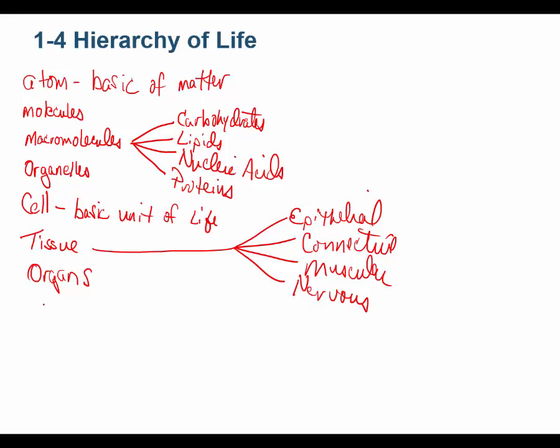All right, now you take 2 or more organs and put them together, and they all have a common function, and you get an organ system. And this is how our book is broken down into organ systems. And the organ systems are, there's 11, or it actually depends on who you're talking to and what you're doing.